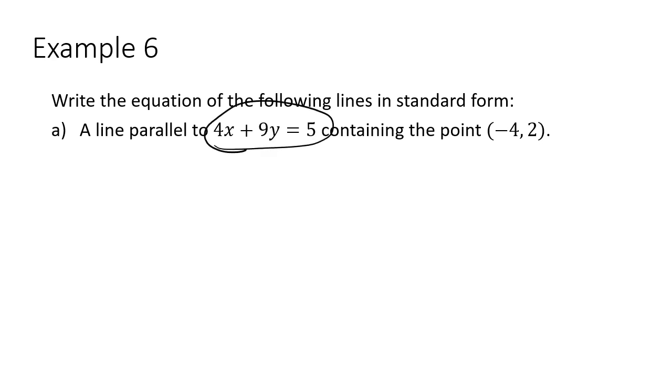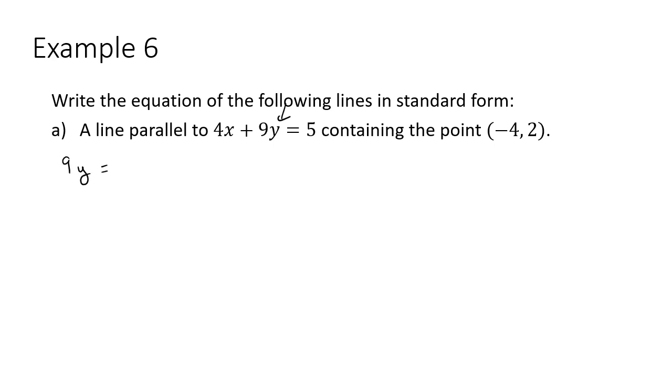This line equation here is solely to find our slope m, just like in example 5. Once we do that, we will use the slope parallel or perpendicular plus this point to create the equation of the parallel or perpendicular line. All right, so keep it separate. To begin with, we need to find the slope. So I'm going to start by solving this equation for y.